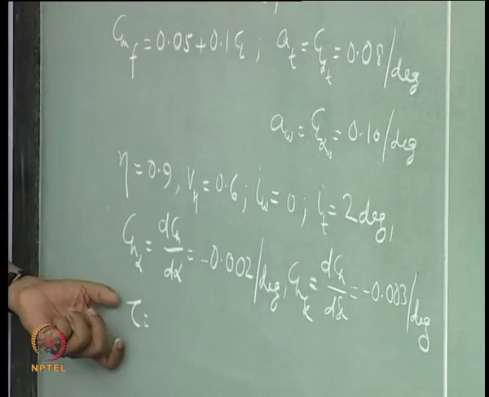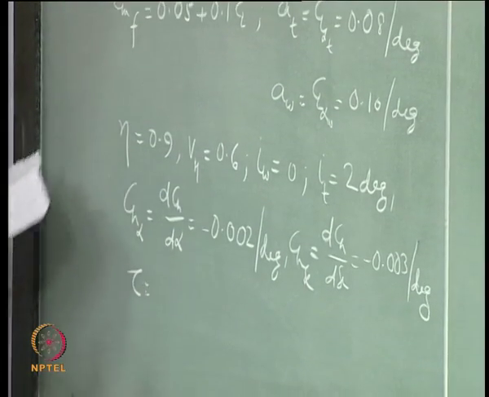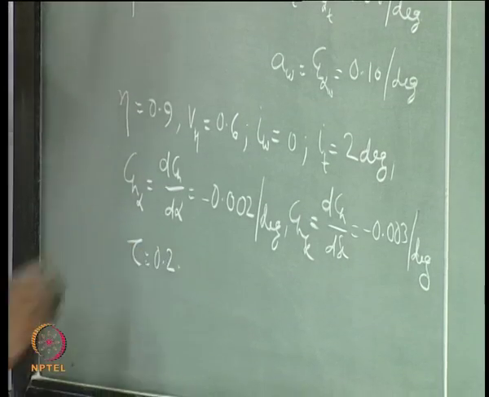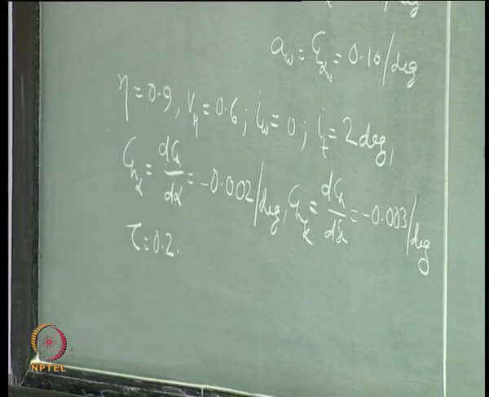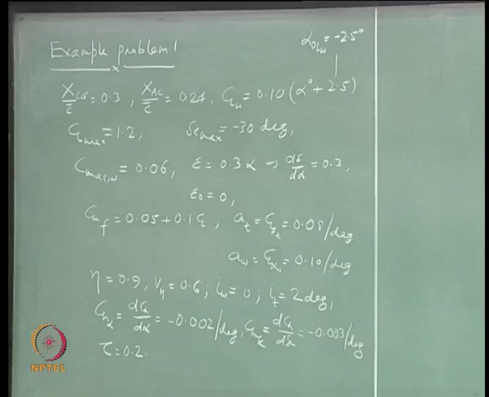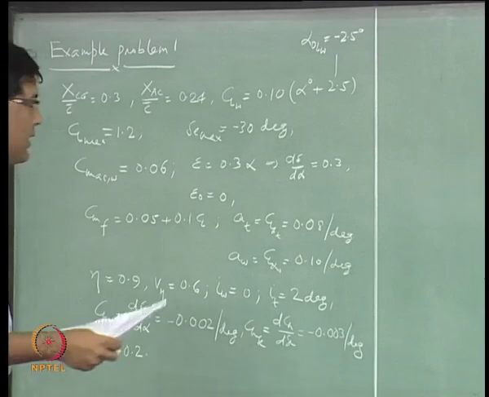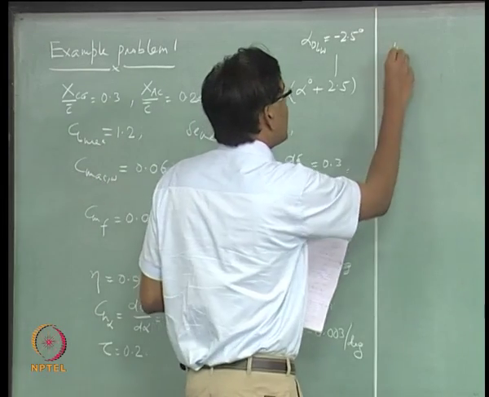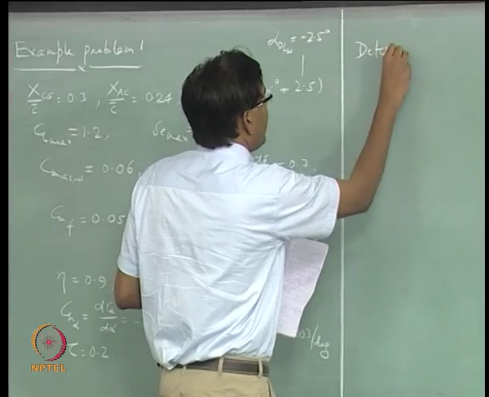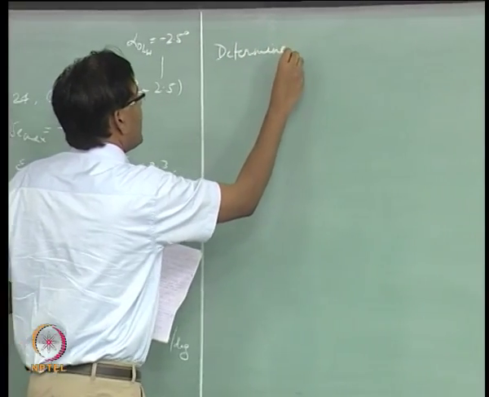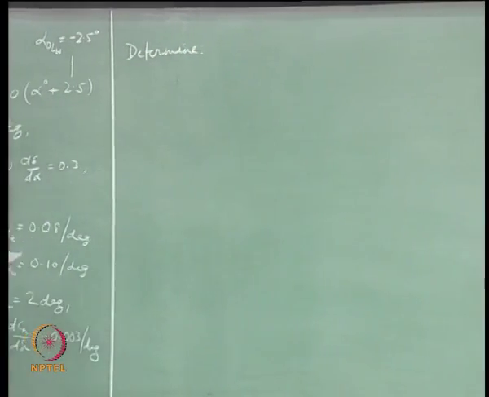Elevator effectiveness parameter given as, okay. So, this data is given and what we need to find out are these.